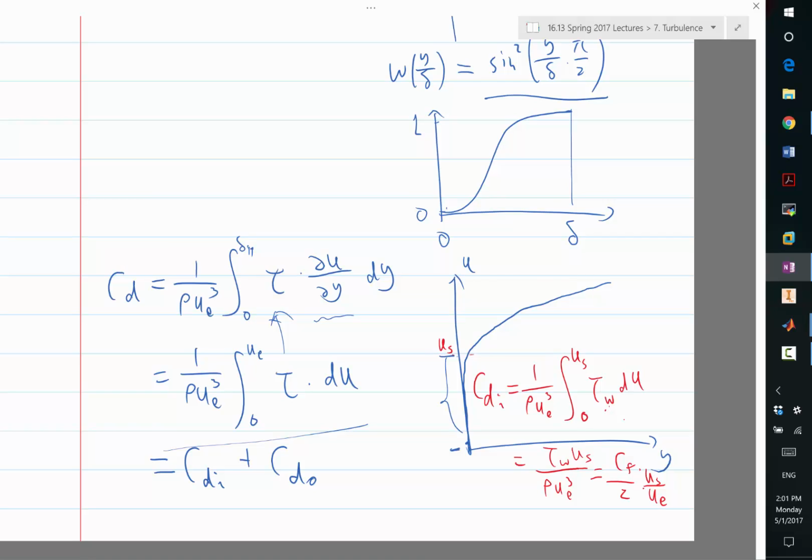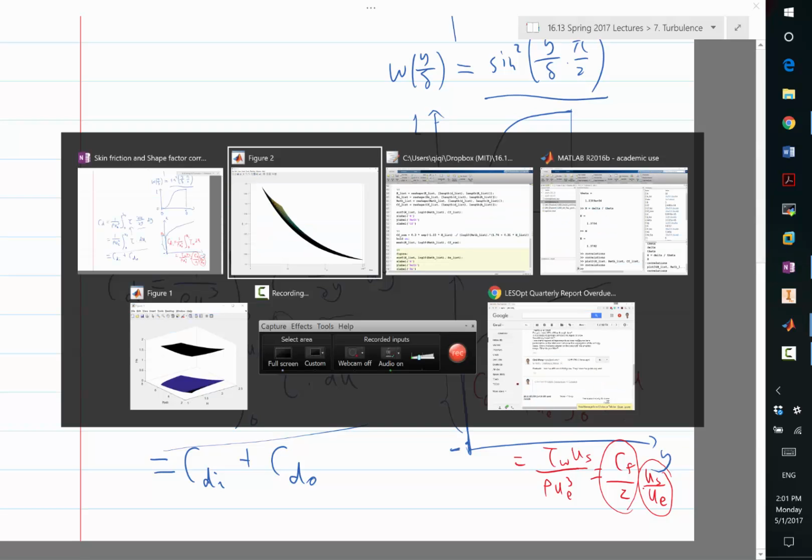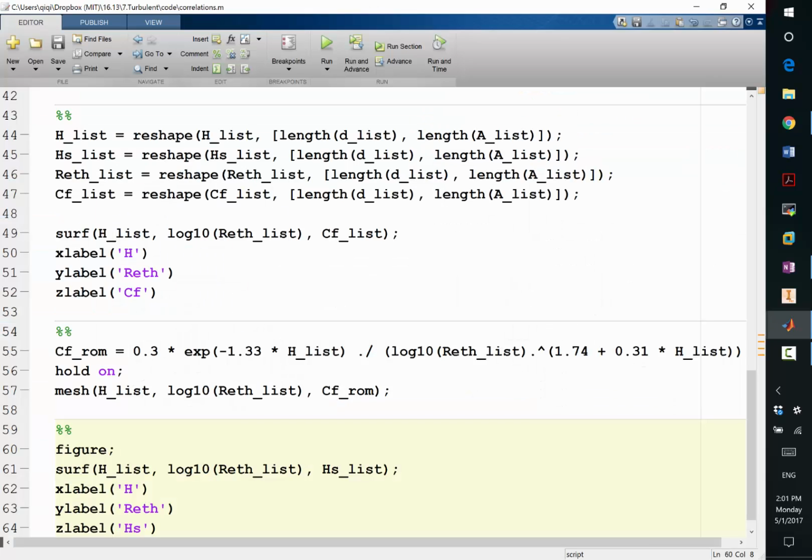Okay, so CD inner is very easy to compute because US can be computed from the boundary layer profile, and half of CF can also be computed from the same boundary layer profile. We have just done that, right? So CD inner is also computable from that.